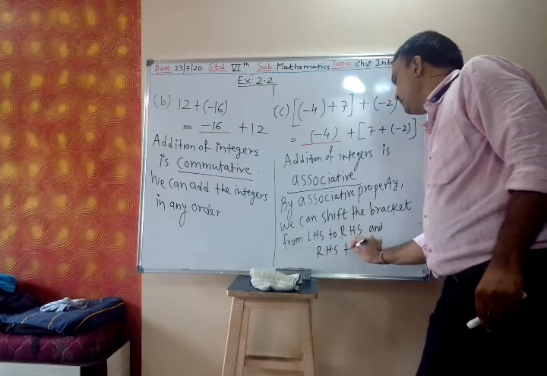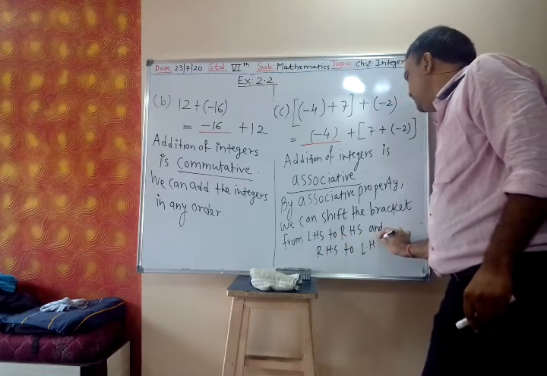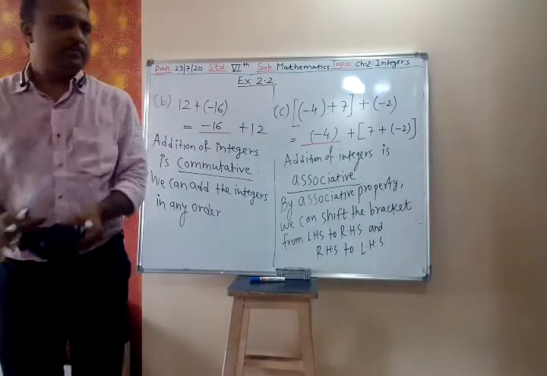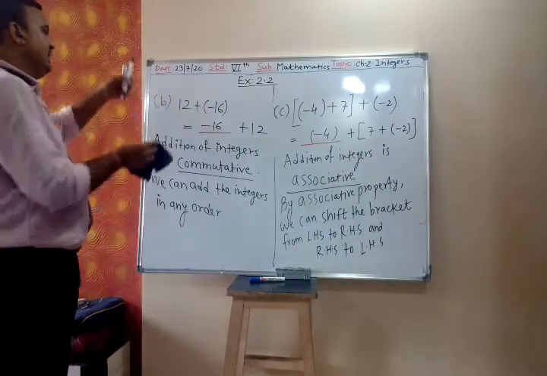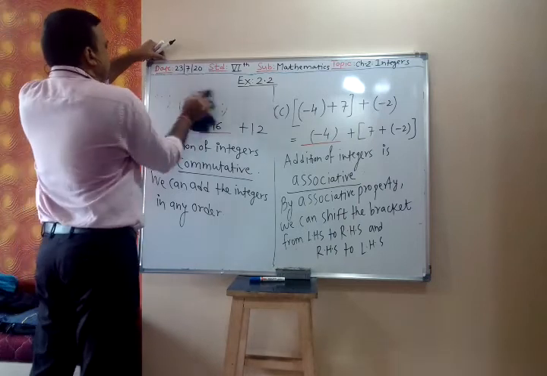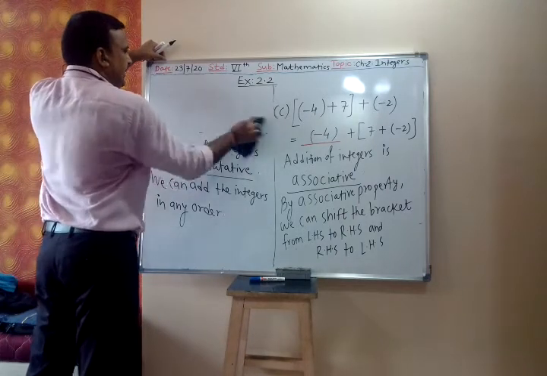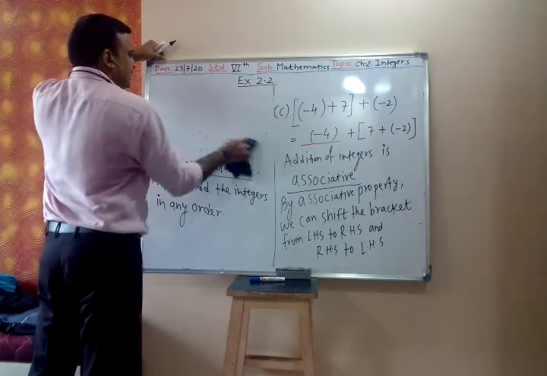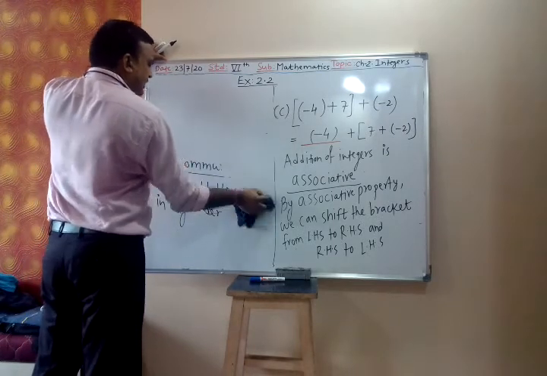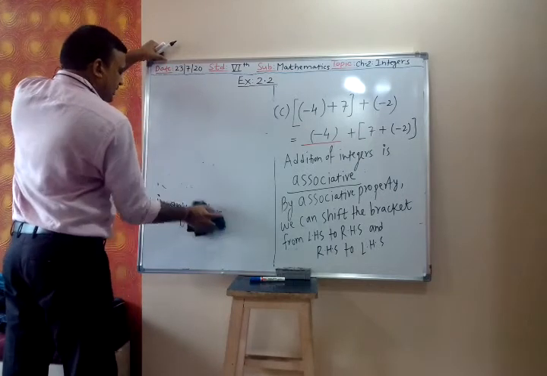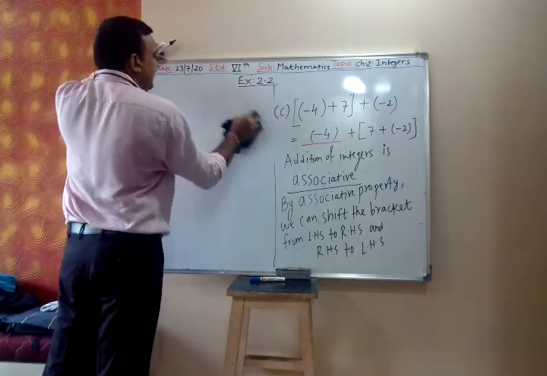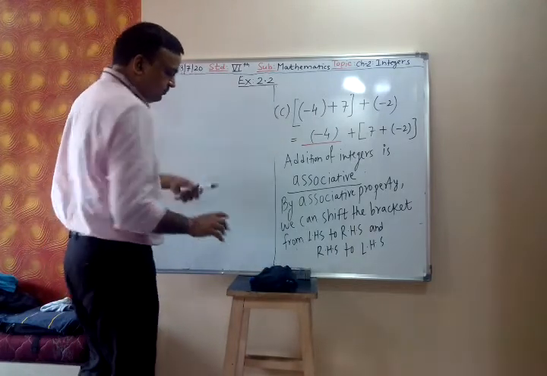By associative property, we can shift the brackets. The bracket was given on the left side, so we can shift it to the right side. You will get the same answer.